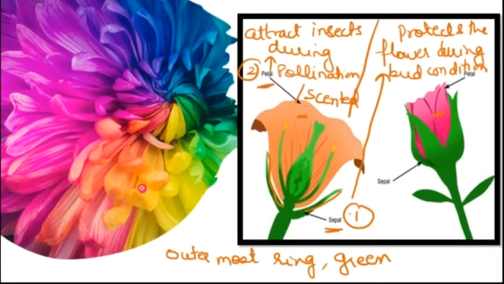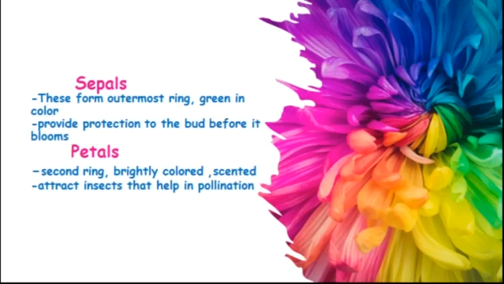Clear? Let's study the headings. The sepal is the outermost ring, green in color. It provides protection to the bud before it blooms. The petal is the second ring, brightly colored and scented. Basically, what is the role? It attracts insects during pollination.